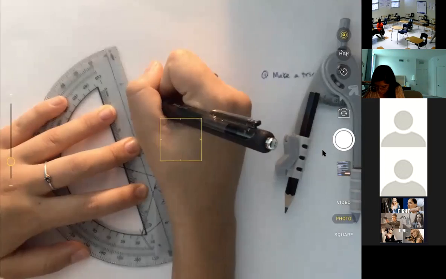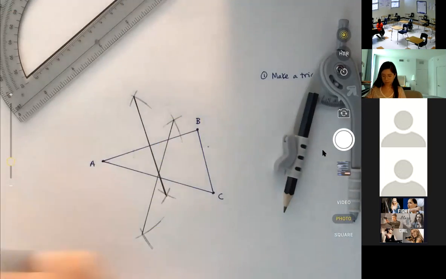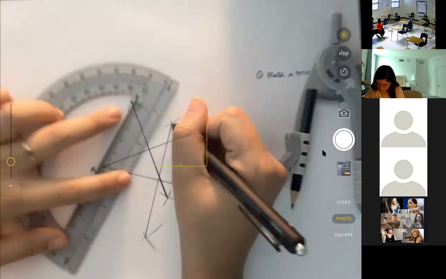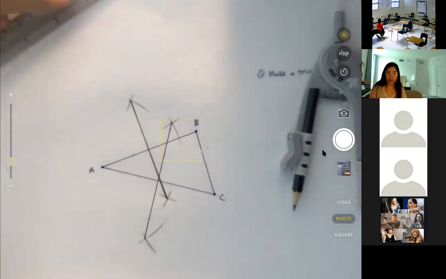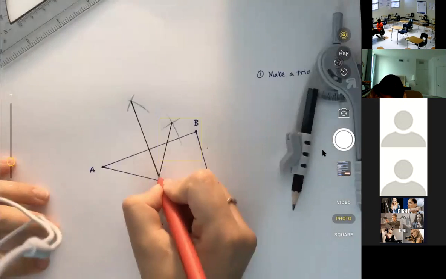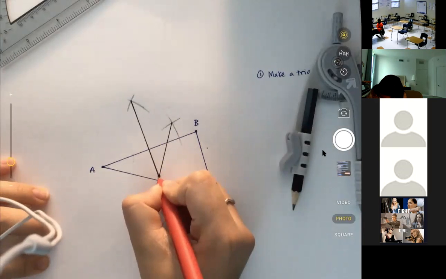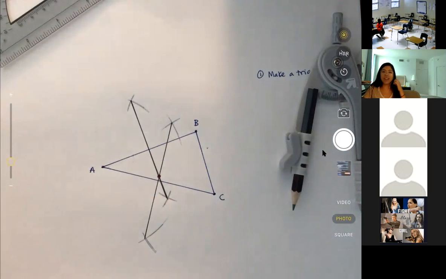They intersect again. Let me make this a little bit darker so we can clearly see that these two lines intersect, and they do so right over here. So I made it inside the triangle this time. And what is that intersection point called again?